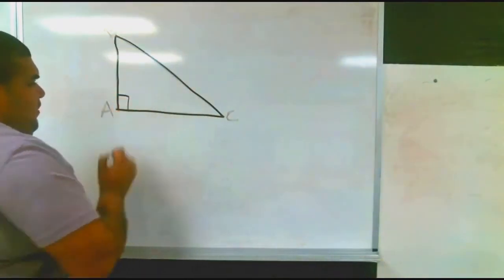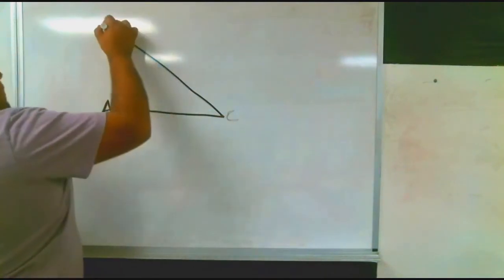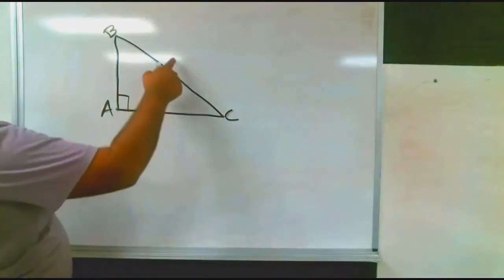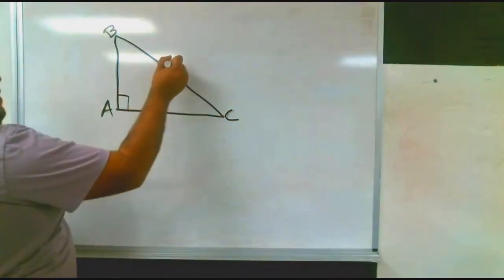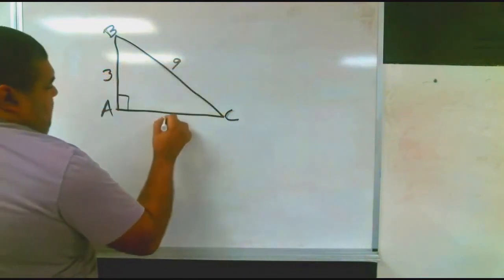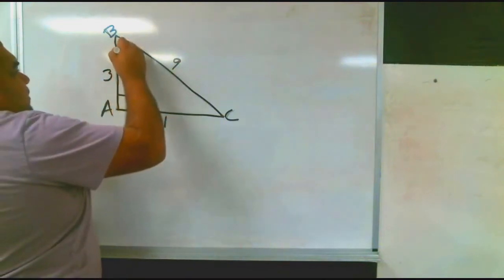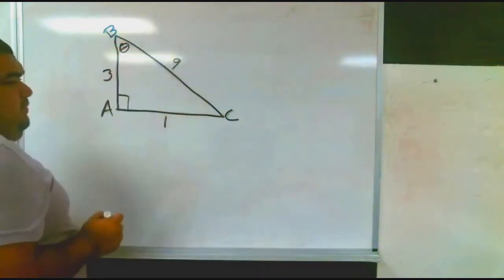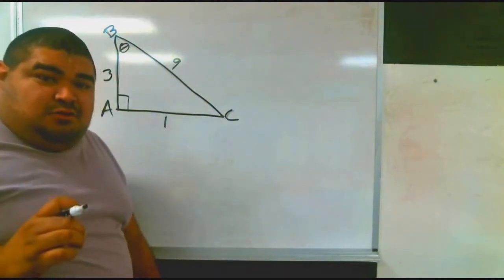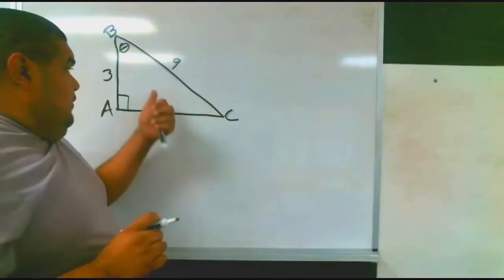There's our right triangle. We have A, B, and C. We have 9, 3, and 1. Theta is going to be on B. Again, you have to label it opposite, adjacent, hypotenuse, and also give me sine, cosine, and tangent for this triangle.